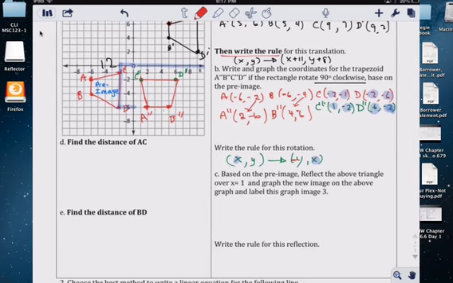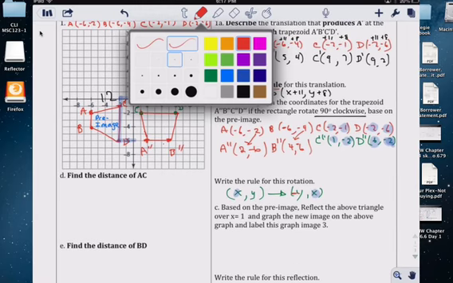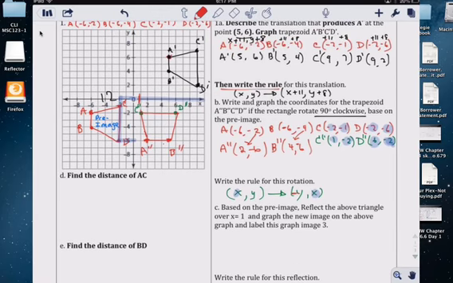Now, based on the pre-image, reflect the above triangle over x equals 1. Here's x equals 1 right here. Reflect over it. I'm going to use a different color so you can see it.